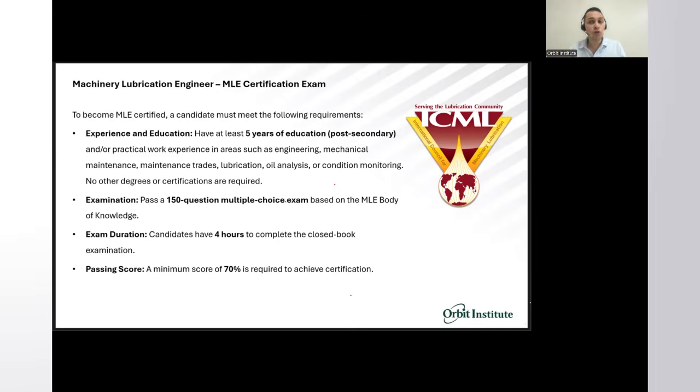The examination is not 100 questions, it's 150 multiple choice questions, which is a large examination. And the exam duration is 4 hours with a closed book examination. It is one of the challenging, I can't say the hardest examinations, but it's a very challenging examination.